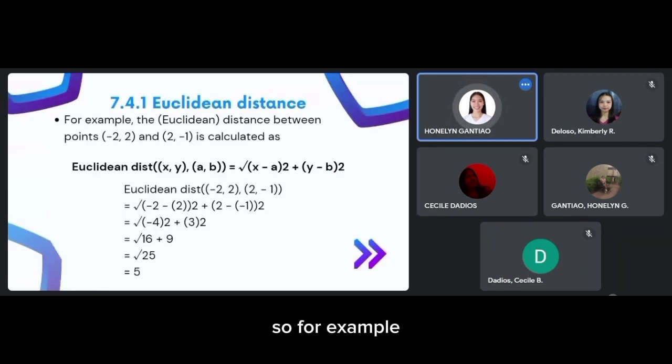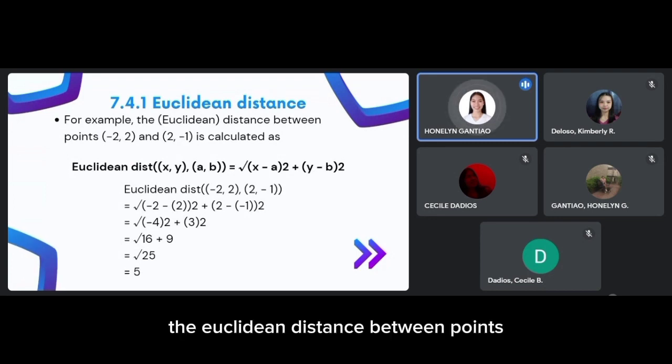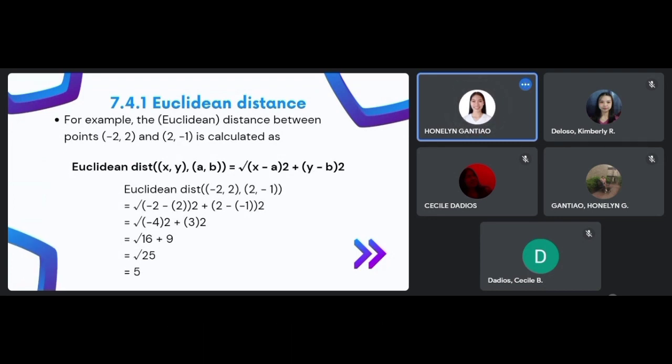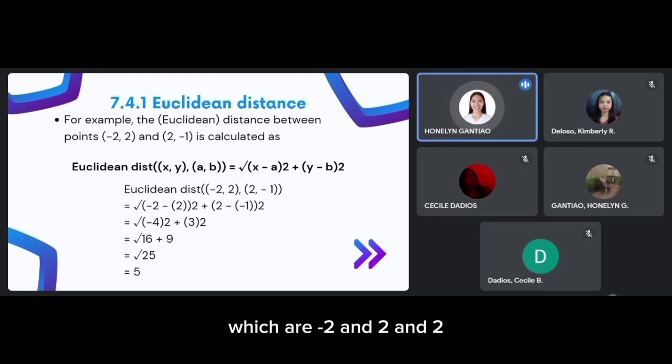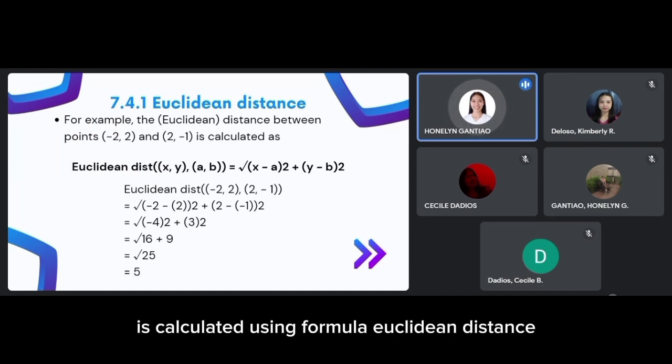For example, the Euclidean distance between the points (-2, 2) and (2, -1). We have two points here, let's call them A and B. The first is point A, which is (-2, 2), and point B is (2, -1). The distance between points A and B is calculated using the Euclidean distance formula.